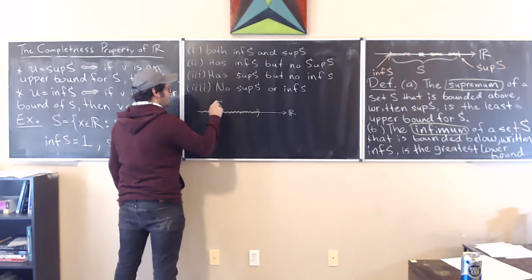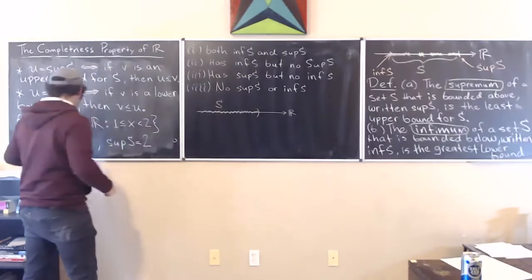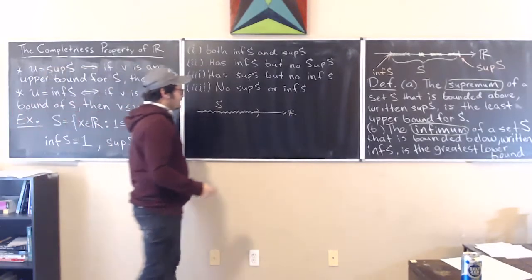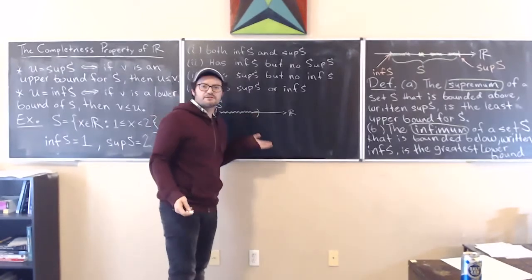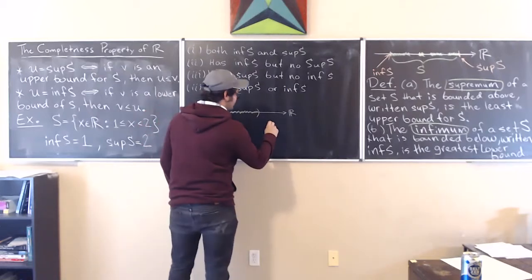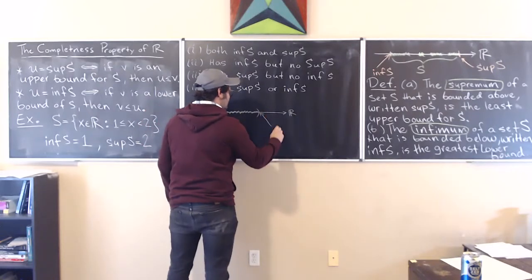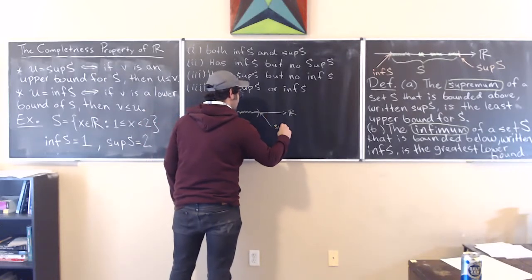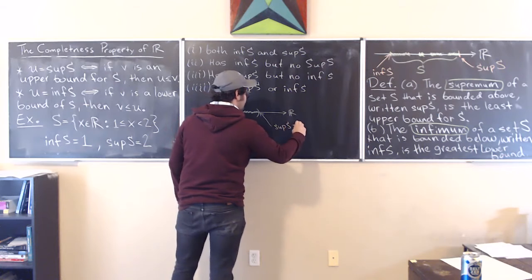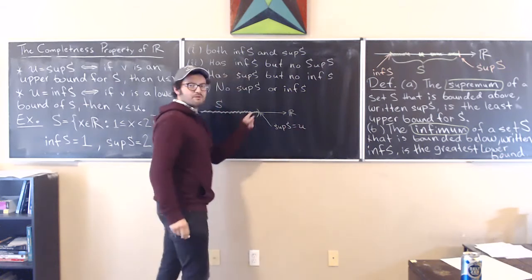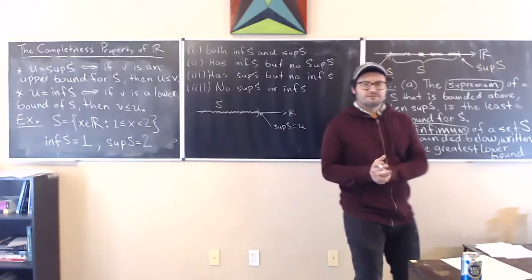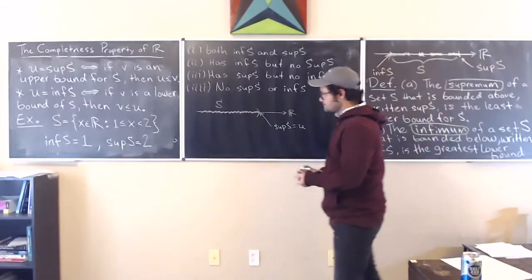So this is our set S. Okay? And maybe it doesn't contain its supremum. We just know that its supremum is right here. So S, and I'll say that's equal to U. There's some number right there, call it U, that is the supremum of the set.